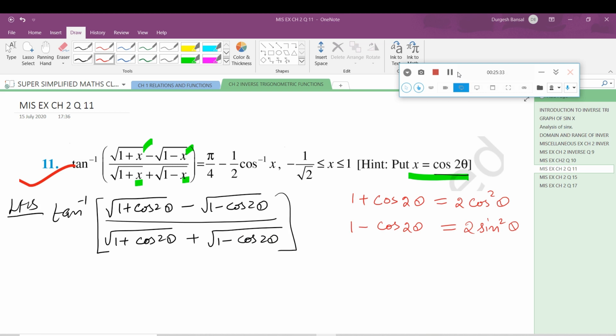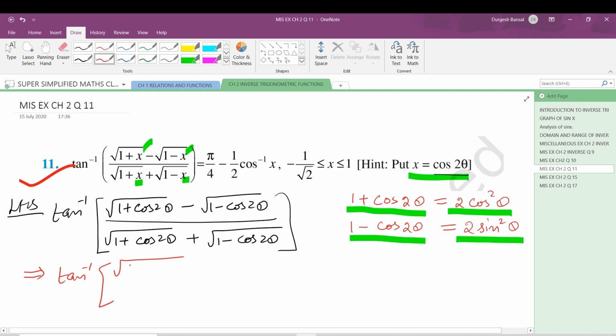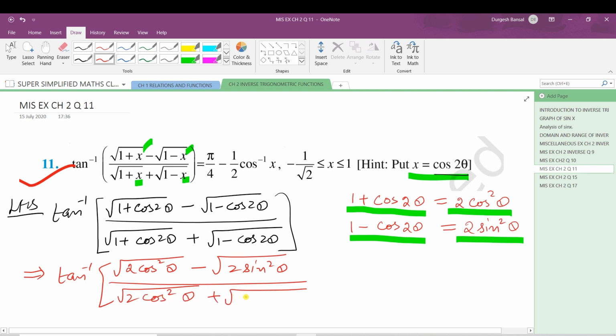You must be remembering the formulas that you have studied in class 11, according to which 1 plus cos 2 theta can be written as 2 cos square theta, and 1 minus cos 2 theta can be written as 2 sin square theta. So let us substitute these values in the question, and we get tan inverse of square root of 2 cos square theta minus square root of 2 sin square theta, divided by again 2 cos square theta and 2 sin square theta.